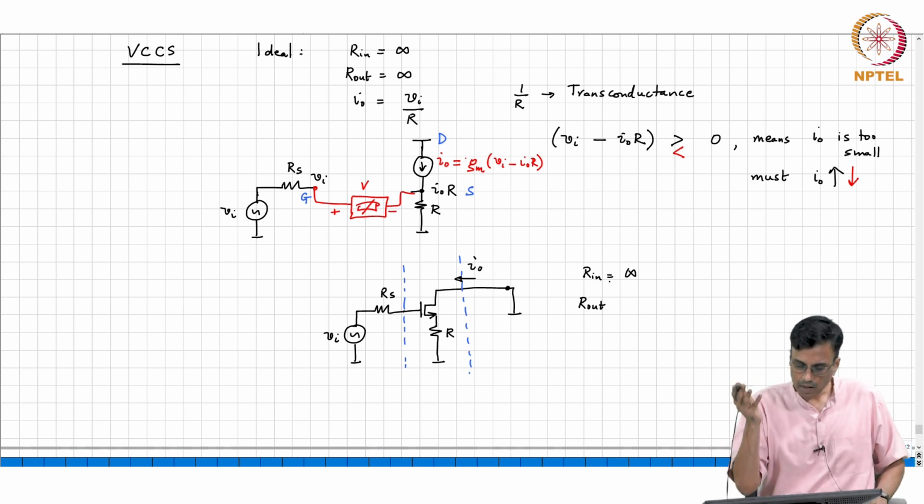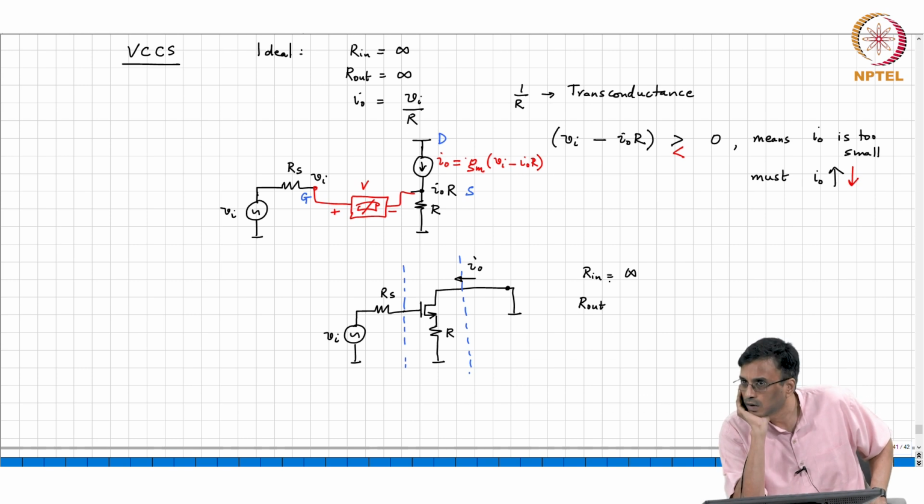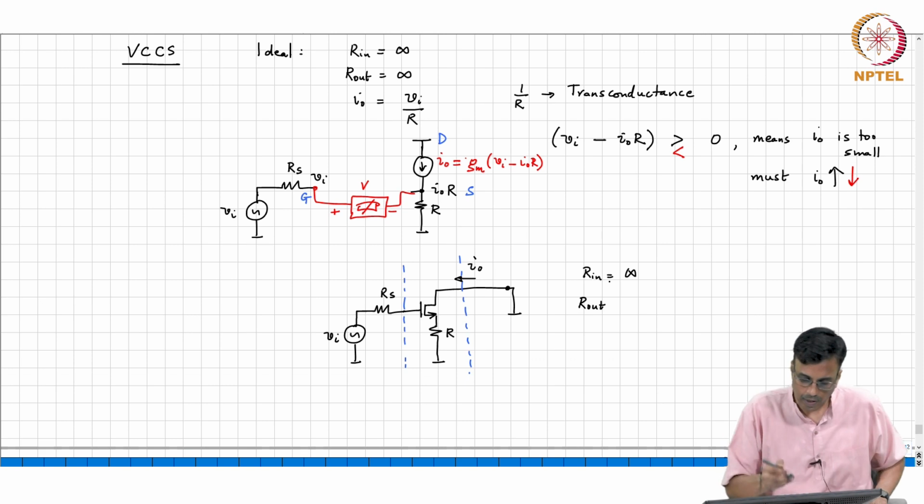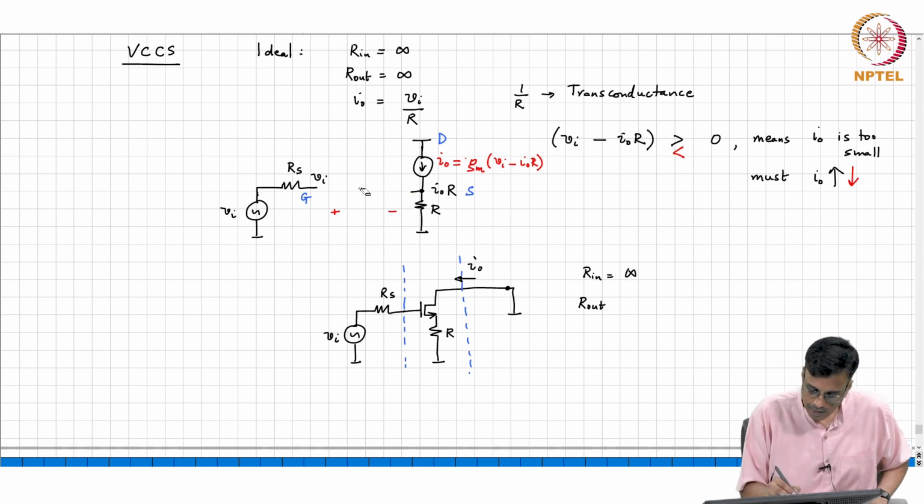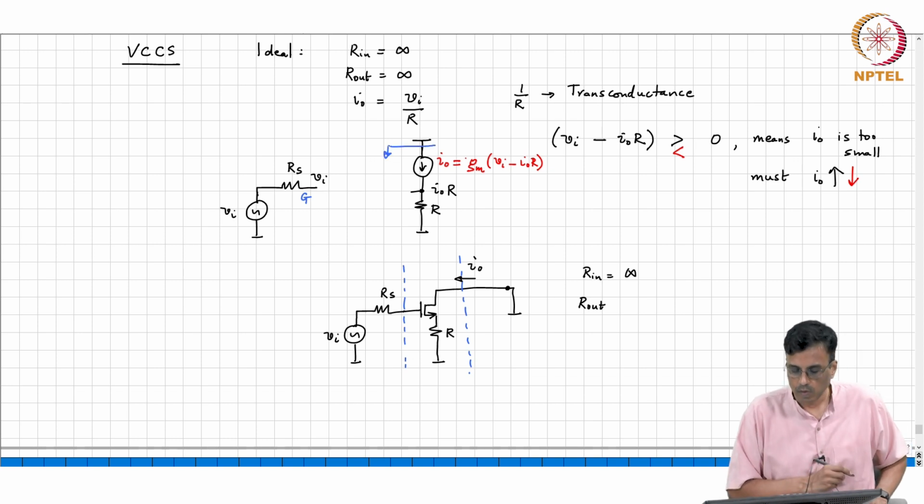Okay, like the incremental circuit is here, all right. So, we are trying to find the output resistance looking in here. Okay, so how will we do it?